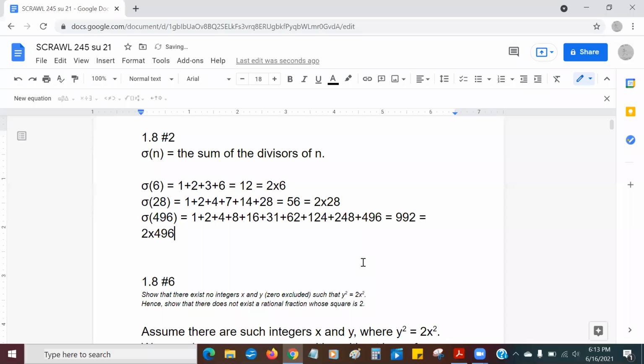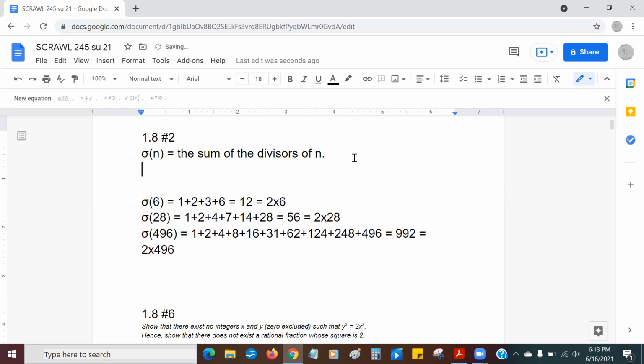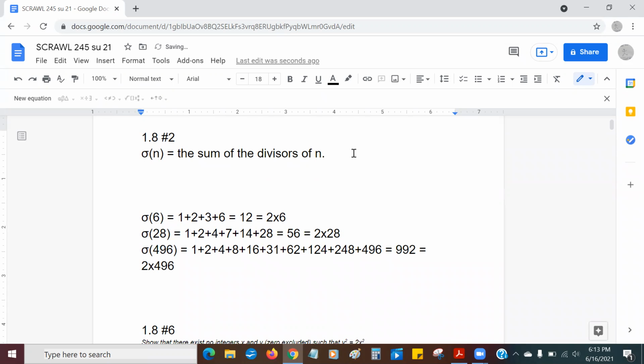Now, there's much more involved in this, you know, there's all kinds of stuff about this. These numbers, by the way, let me just say this. Sigma of n equals 2n in the following cases.